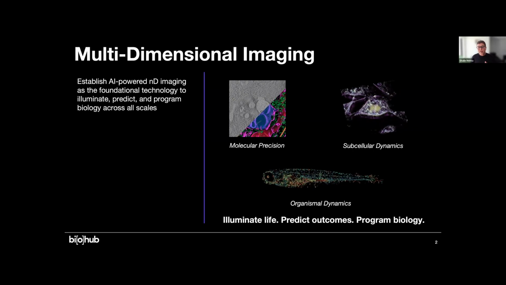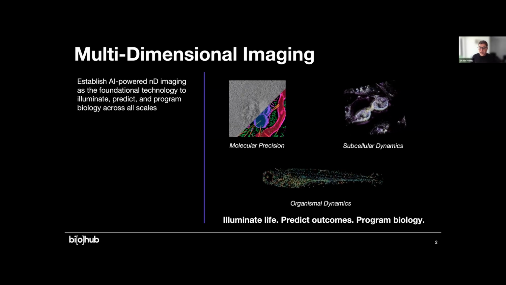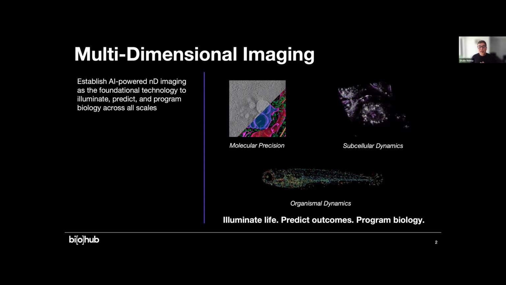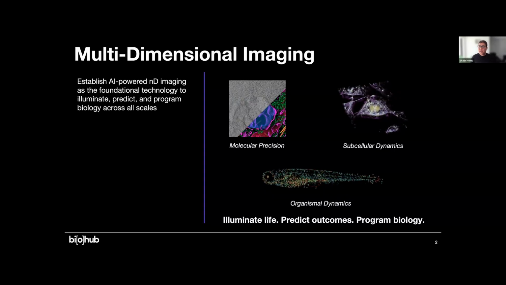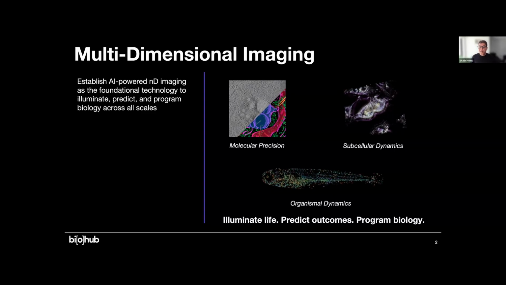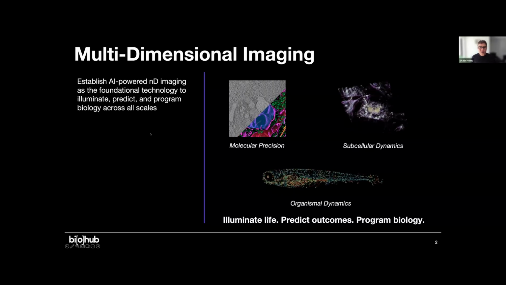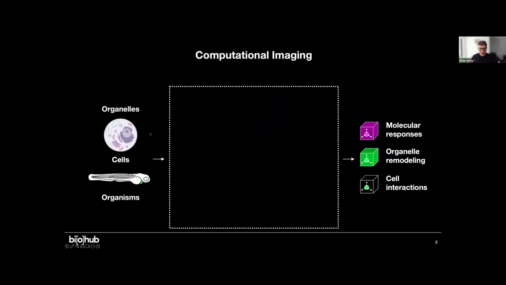At San Francisco, we have a focus on using different types of light-matter interactions to map subcellular dynamics and organismal dynamics. And the goal is not just to visualize the biology, but it's also to train predictive models and put them in line with imaging and eventually perturb biology, do optical perturbations and other types of perturbations, molecular perturbations. So that's the organization.